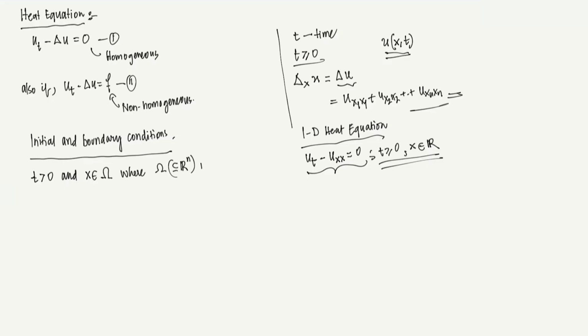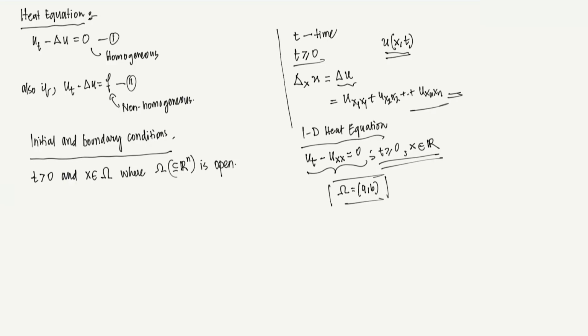Here I am doing it for Rn, but you can think of it as R also. Then omega is a subset of R, say some interval (a,b). In that case, it will be a one-dimensional heat equation.